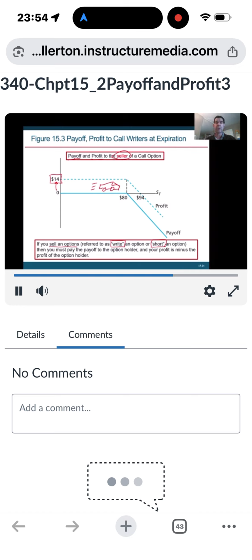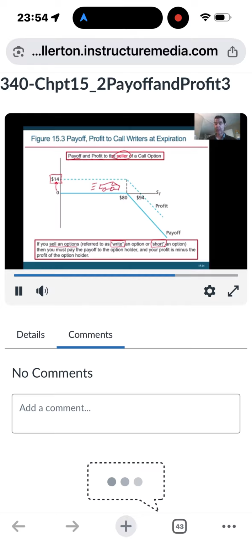It's like they wrote the option. So if you sell an option, it's like you pulled out the piece of paper, you wrote it, and you sold it to somebody. So that's called writing an option. Okay, so that's the first thing. And if you write an option, you are responsible for the payoff of that option. Okay, and so that's why the diagram gets flipped.